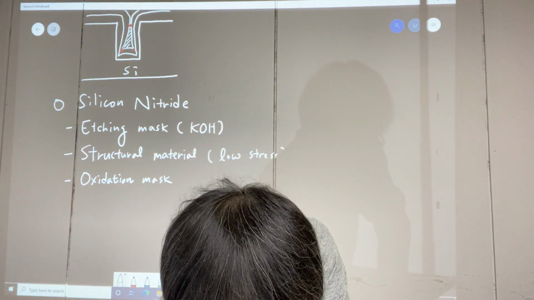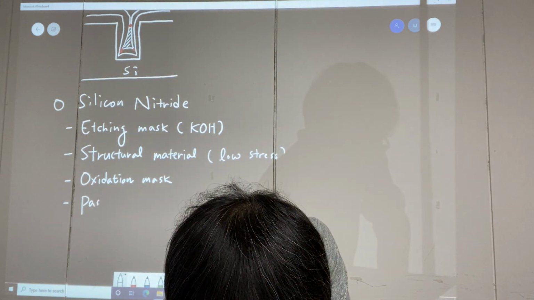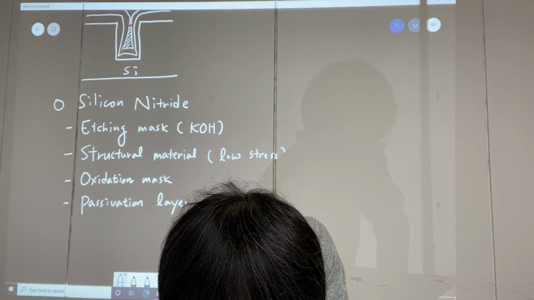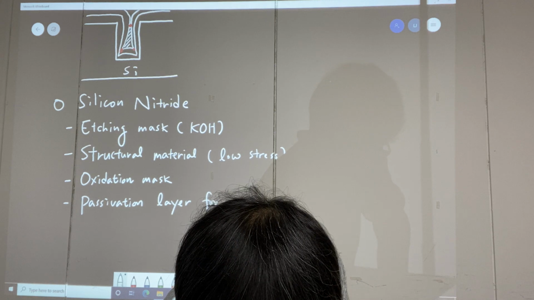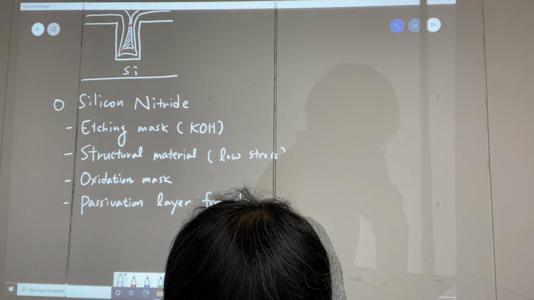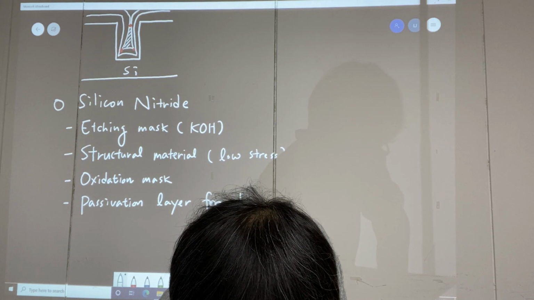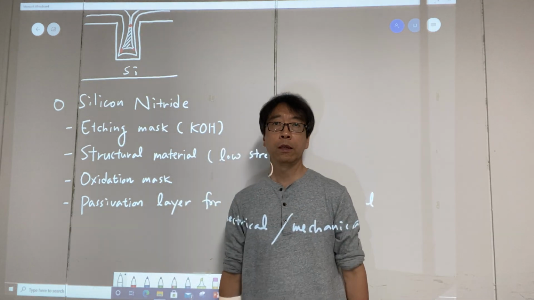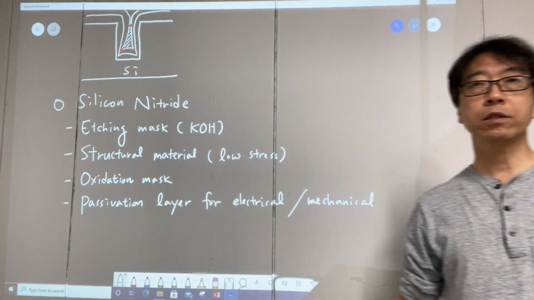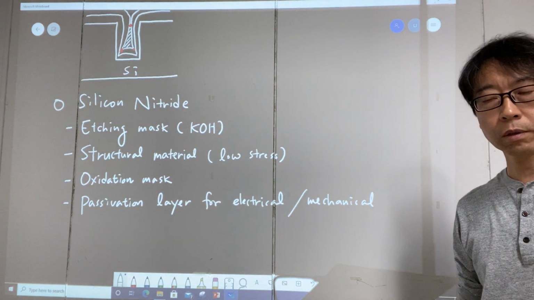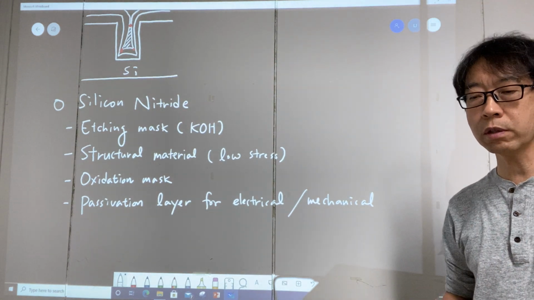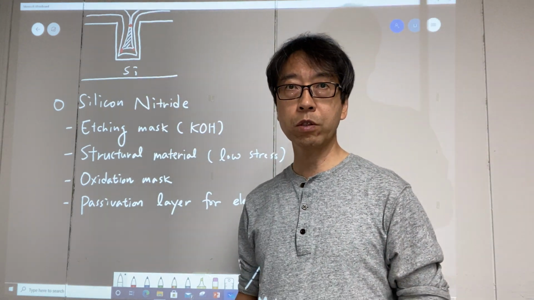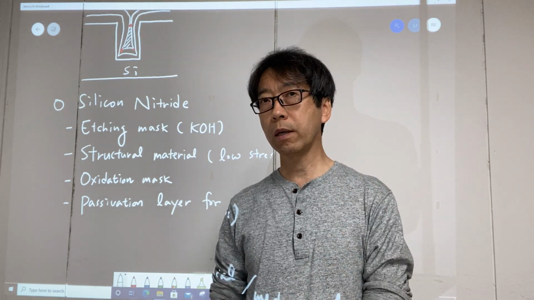Okay. Also, it's a very good passivation layer for electrical as well as mechanical passivation. Electrical passivation, you can use silicon nitride as the dielectric material, or the material that blocks the passage of the current, or you can use silicon nitride as the mechanical passivation layer with very low friction indeed.